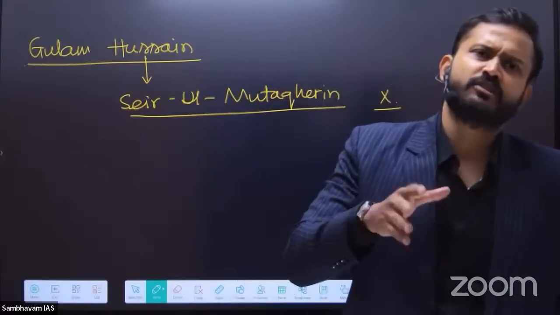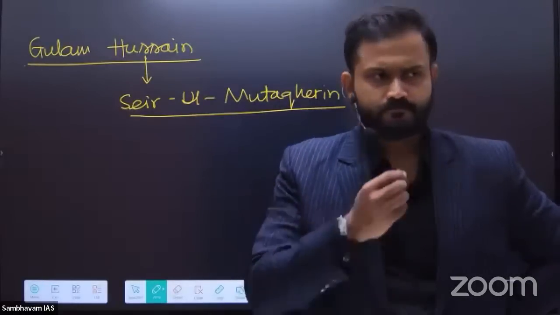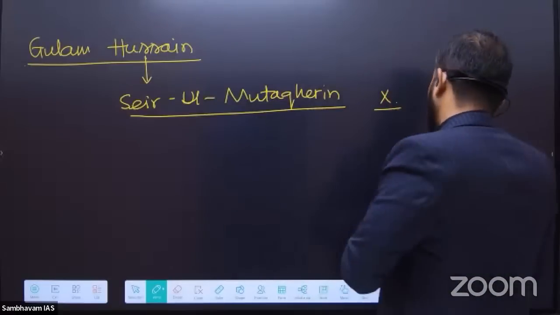This is the initial months of 1757, January, basically.